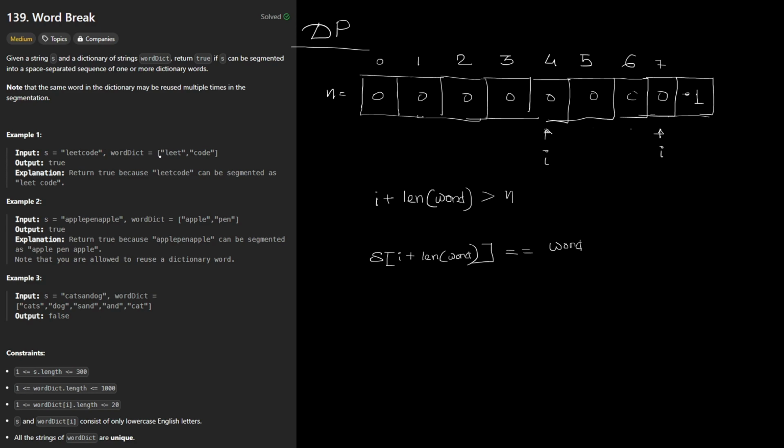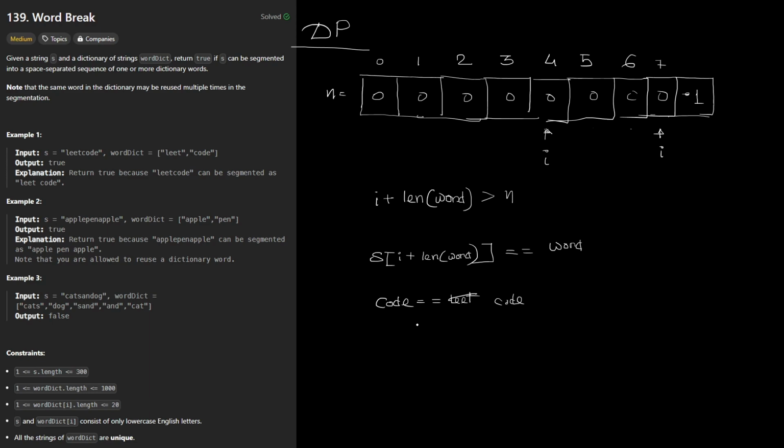So if it's equal to the current word, that basically means, is code equal to leet? Initially it won't be. Then we are going to remove leet and check if code is equal to code, which is going to be true.